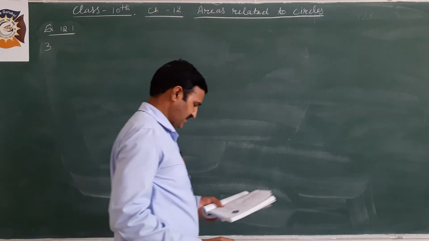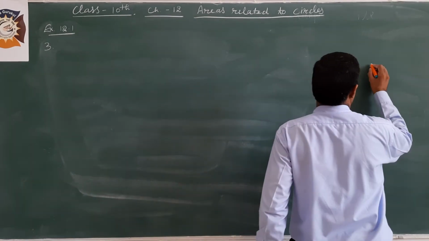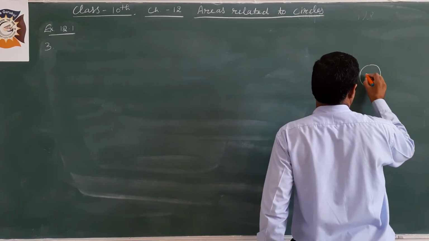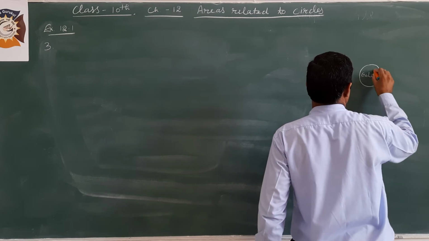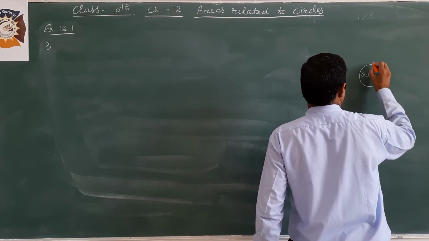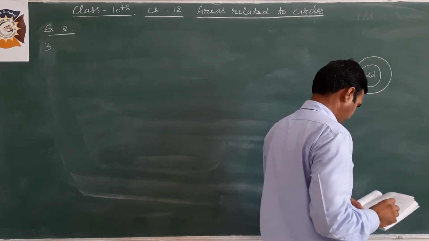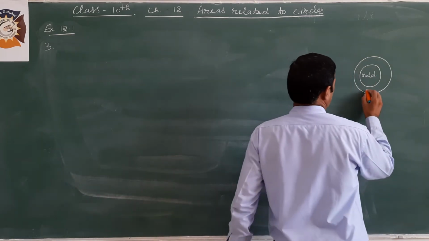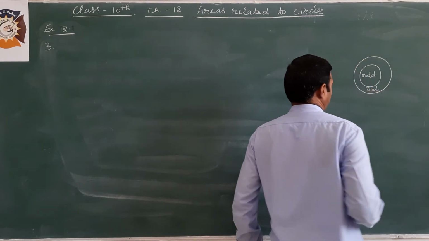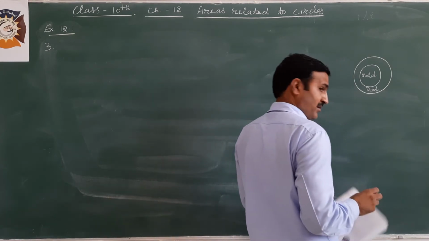The first region is gold region. This is gold region, and the second one is red region. Third, blue region.